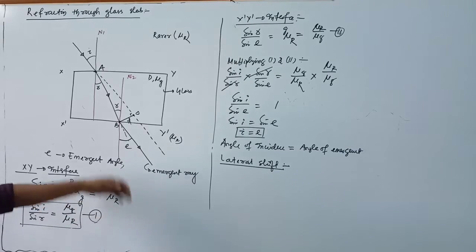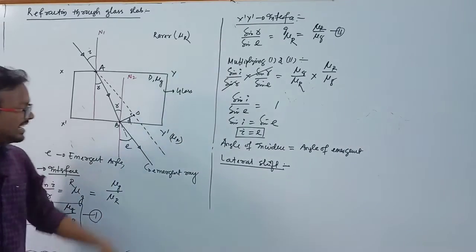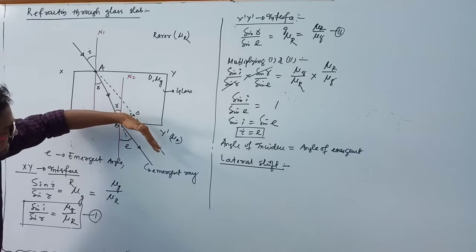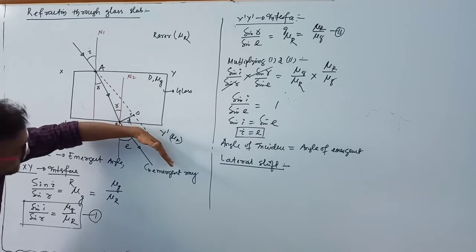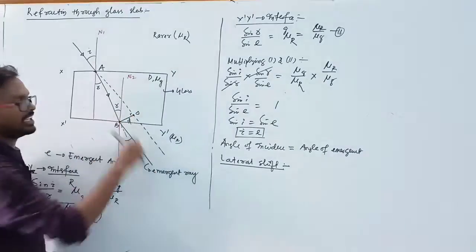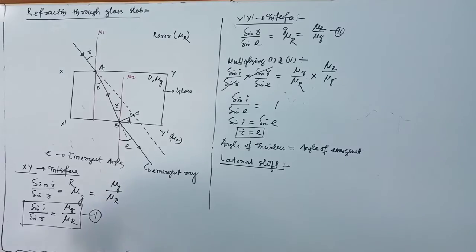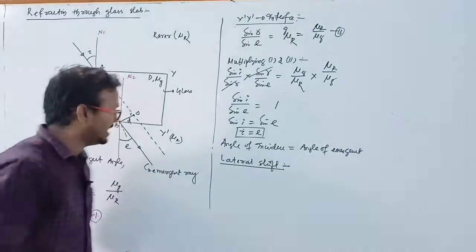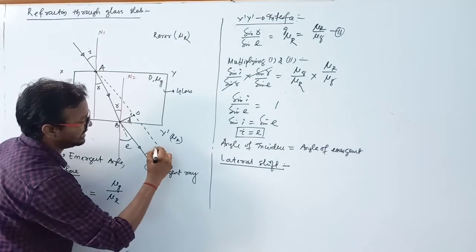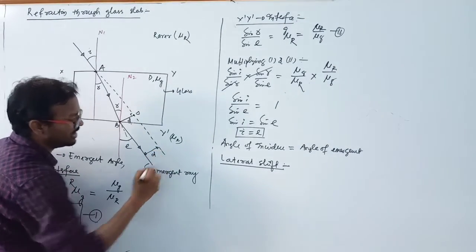That means how much the incident ray is displaced from its original path, and this distance is known as lateral shift or lateral displacement. These two rays are parallel, and this distance is d and again this distance is also d.